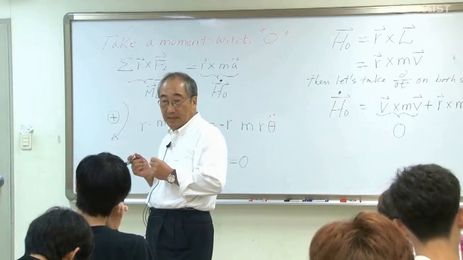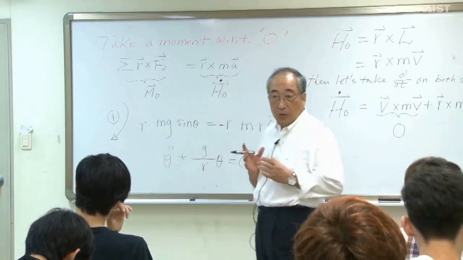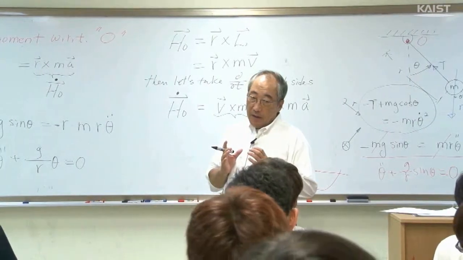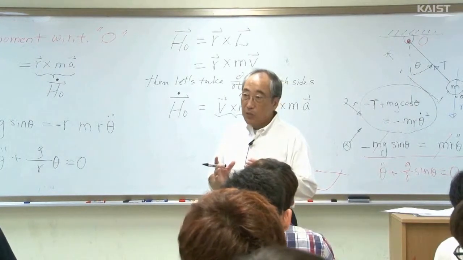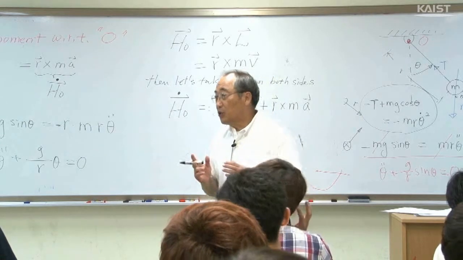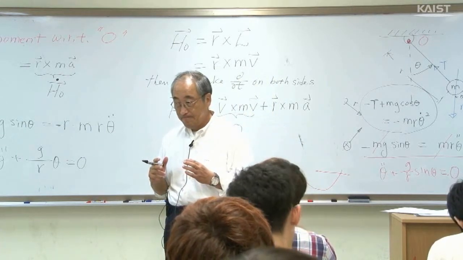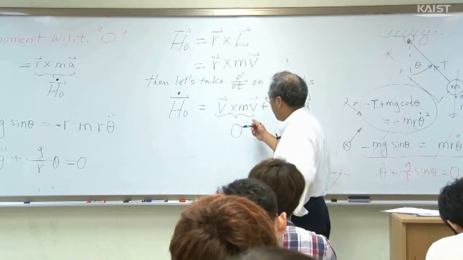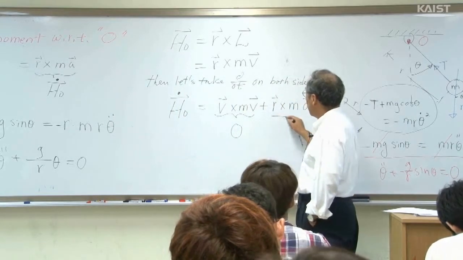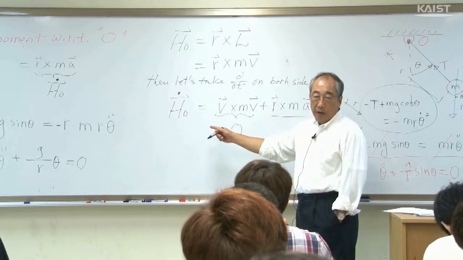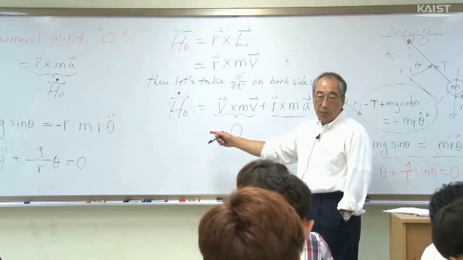Cross product certainly exhibits some sort of physics related with rotation. Therefore, that is 0. And this is the time rate of change of angular momentum.